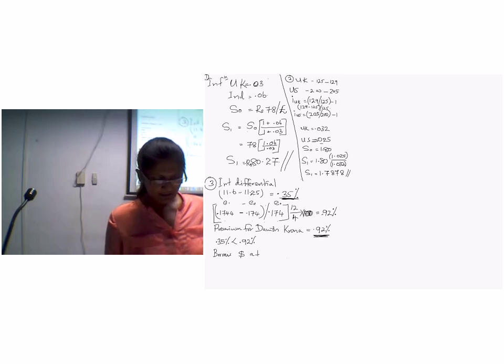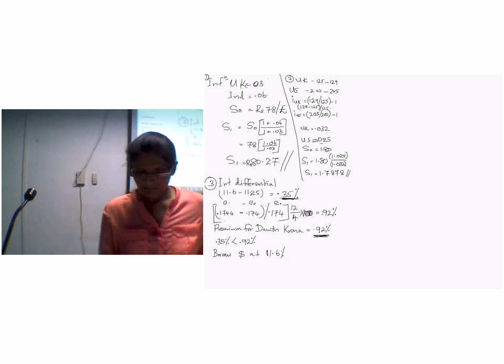We have to compare the interest rate differential with the premium for the Danish krona. The interest rate differential is 0.35%, which is smaller than the 0.92% premium.